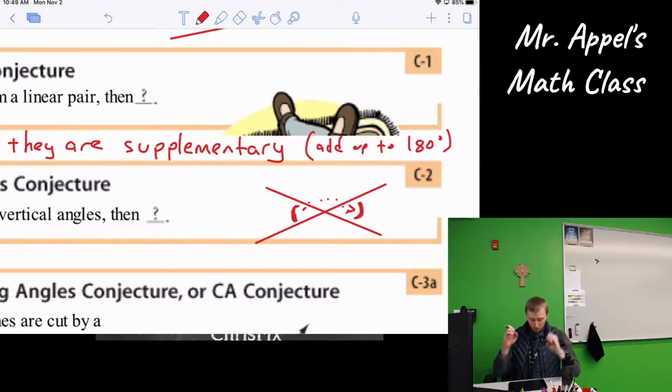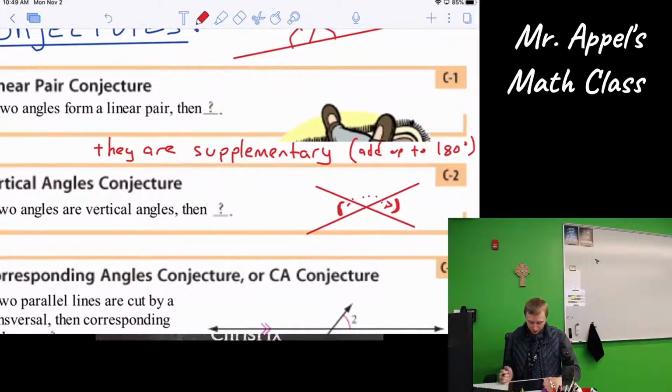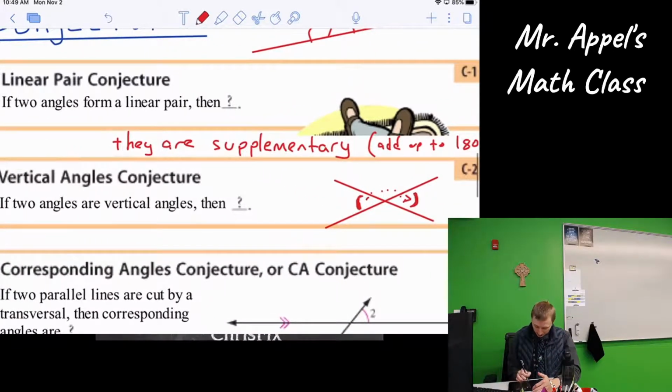How do those compare? If two angles are vertical angles, then they are what? It's not supplementary this time. Complementary, good guess.